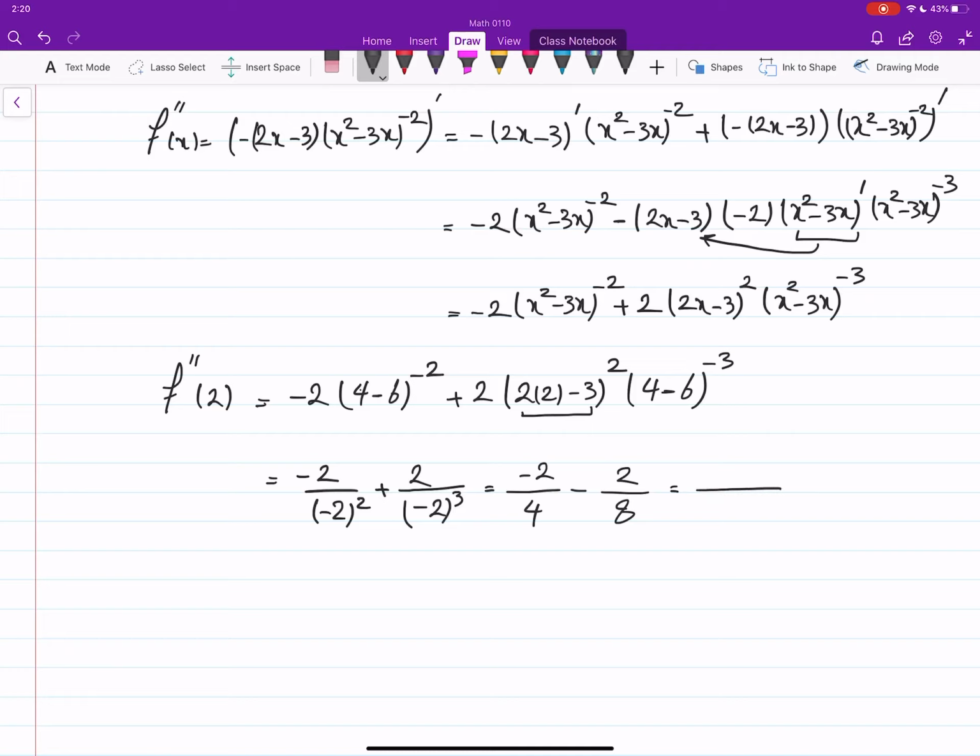Very nice. This is a good number for negative 2 minus 1. That's what we get, negative 3 over 4.